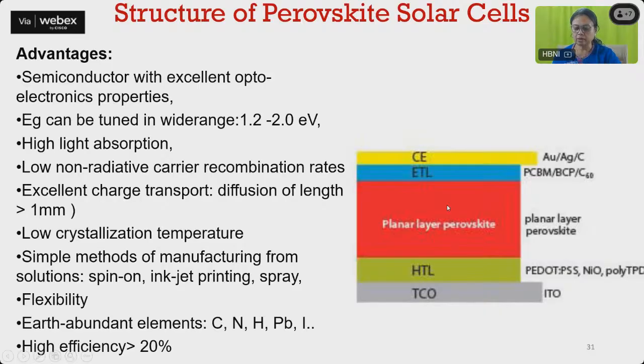So this is like a planar perovskite. This perovskite is where your photon will interact and electron hole pair will be produced, and we have an electron transport layer and hole transport layer. Electron transport layer can be a fullerene and hole transport layer can be PEDOT:PSS kind of polymer.